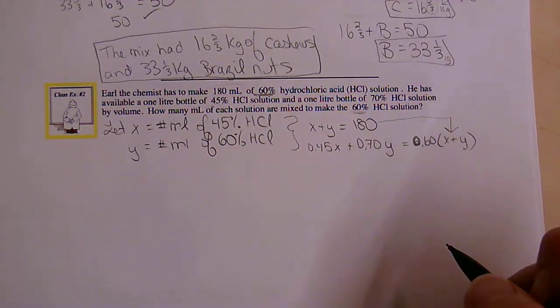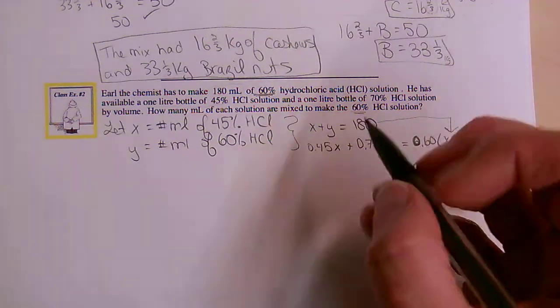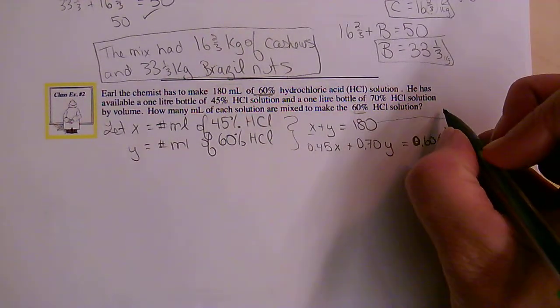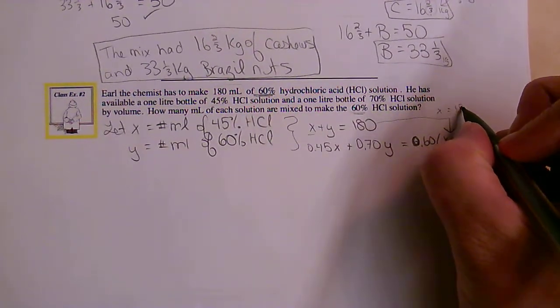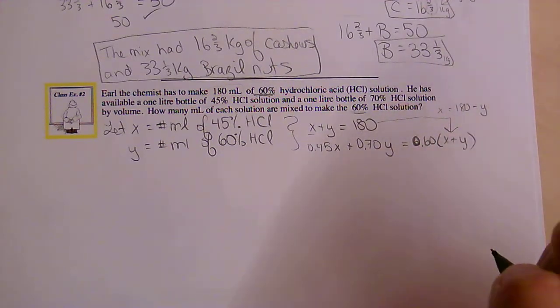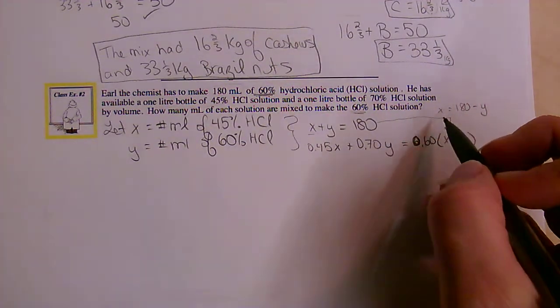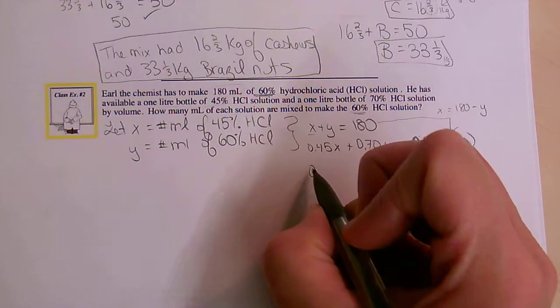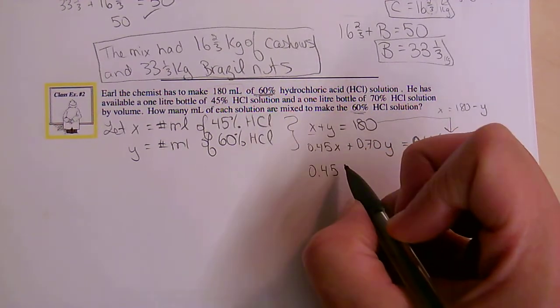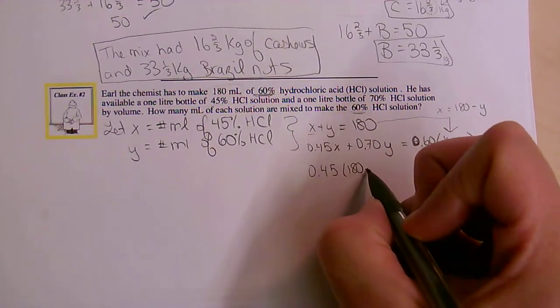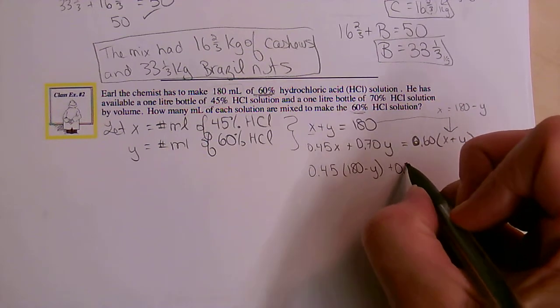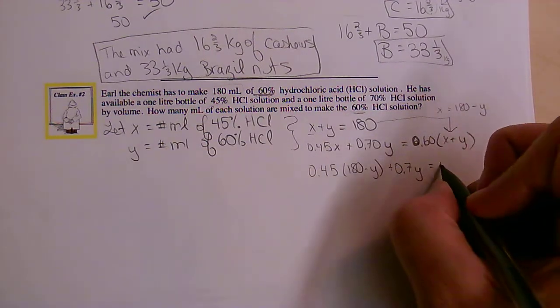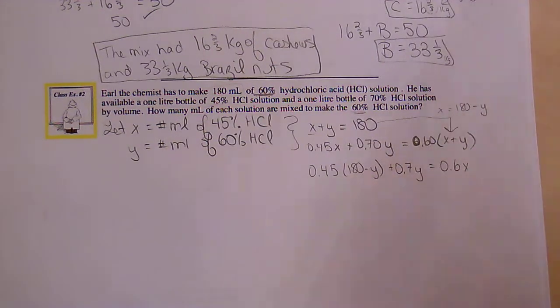So I would also just use substitution again because I've just got my single variable. I would move that y over and substitute it in. Okay, so then x is going to equal that. Oopsies, this is 180.